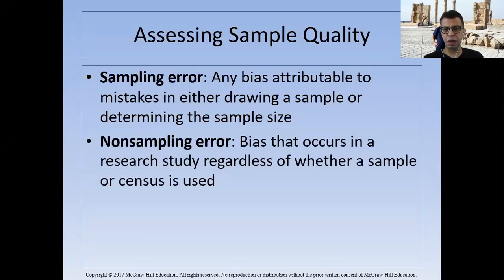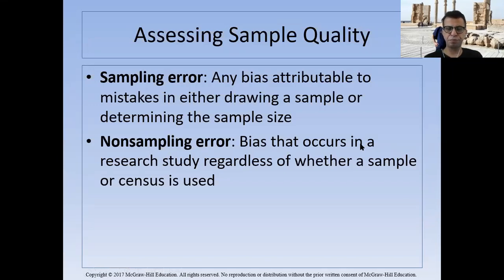Now, there is a non-sampling error, which is a bias that occurs in the research study regardless of whether a sample or a census is used.